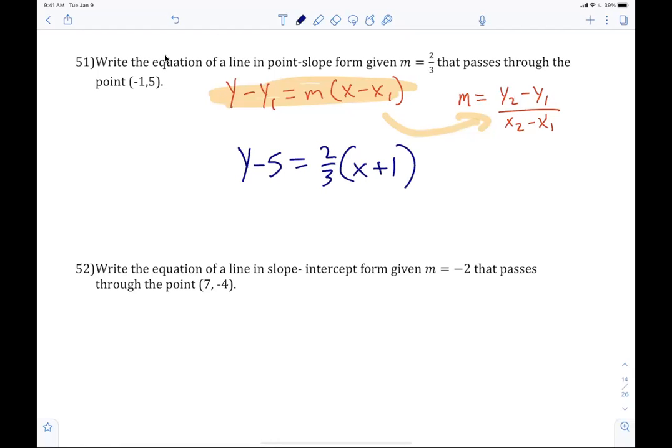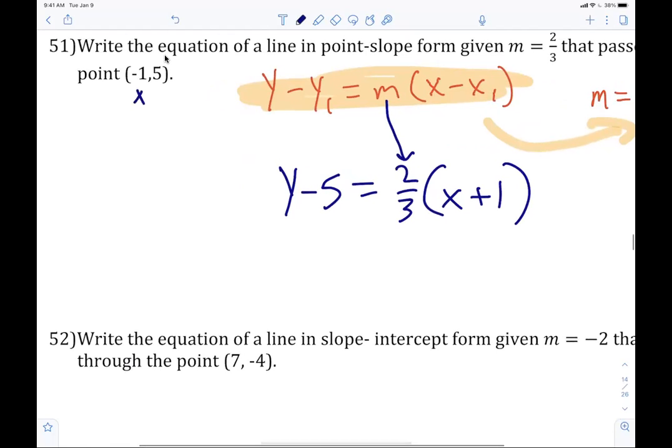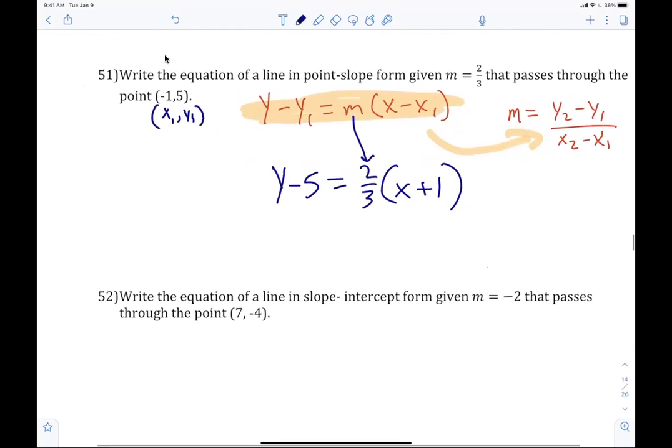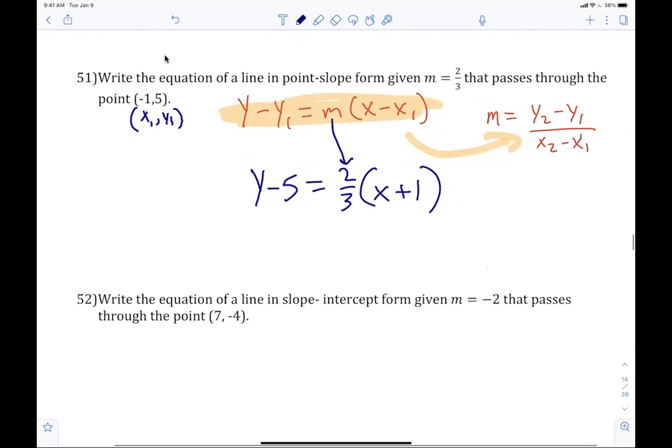You are amazing. Thank you. That is correct. Remember, the slope goes for m. This right here is referred to as the point x1, y1. Very good. Any questions? Yes, that wouldn't be x minus, because it's x minus -1.